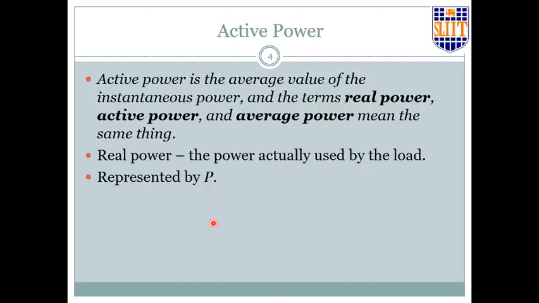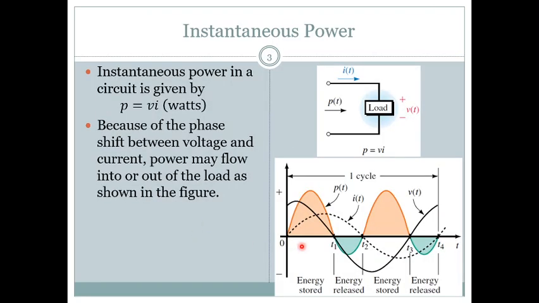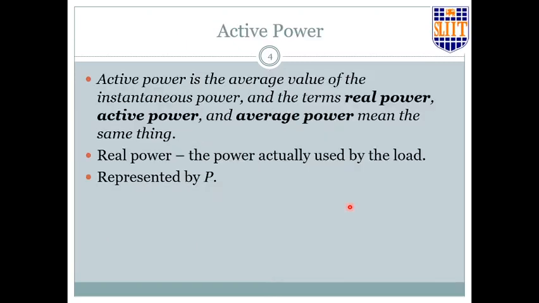The first is the active power. Active power is the average of this power waveform, which is the net amount that has gone into the load. This is also referred to as the real power, because it is the real component or real amount of power, active power, or else average power.